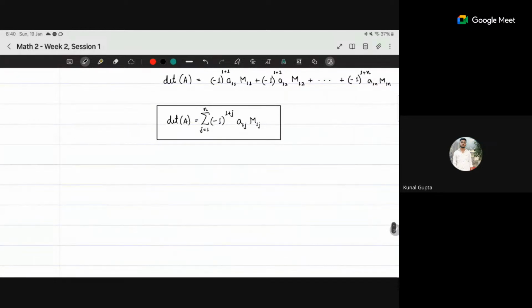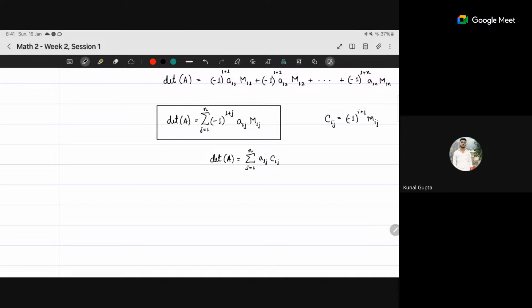And this is just for your knowledge. And then there is this notation of Cij also. This minus 1 to the power i plus j times mij is called Cij, and sometimes it is written that determinant of A is nothing but the sum over j going from 1 to n of a1j c1j.